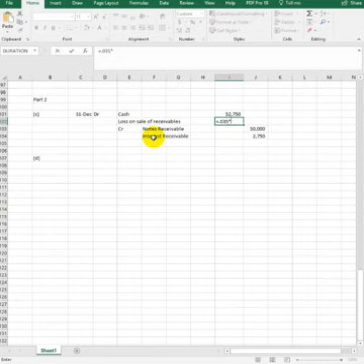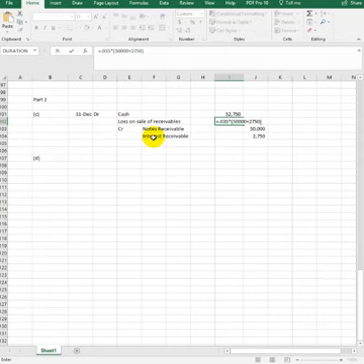So that equals 0.035 times the 50,000 plus the 2,750. Now you could interpret the language in the note to say that it accepted the note without recourse and assessed a finance charge of 3.5%.